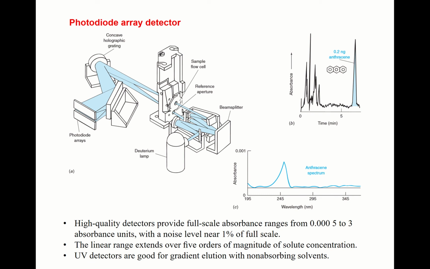Here the deuterium lamp light passes through the monochromator, and then all wavelengths pass through the sample cell and are immediately detected by the photodiode array. This diode array is a linear type. It has many photodiodes, and each diode corresponds to a specific wavelength.